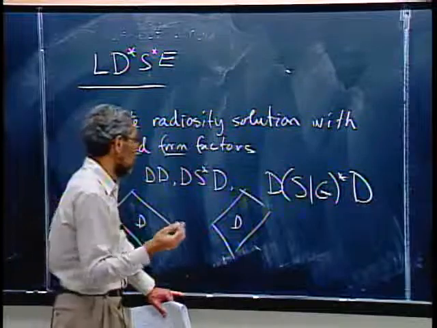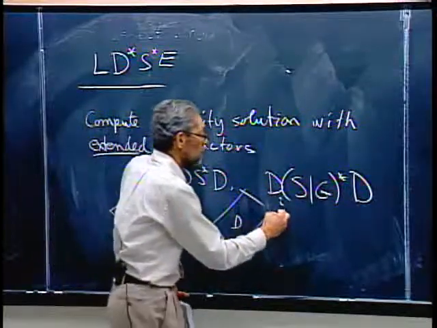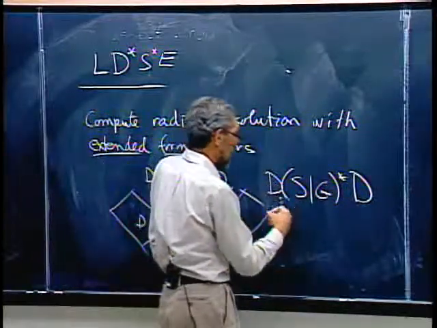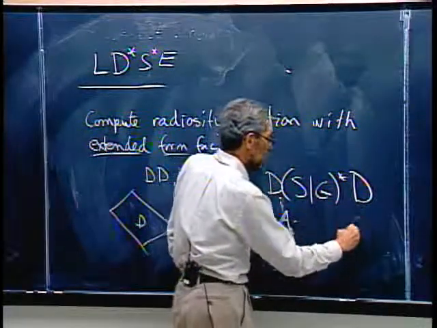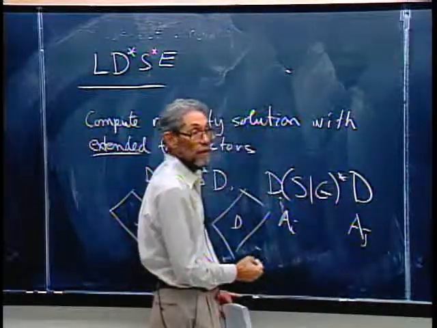And that means for all I, you would get the form factor from AI to the AJ, which was the shooting one.